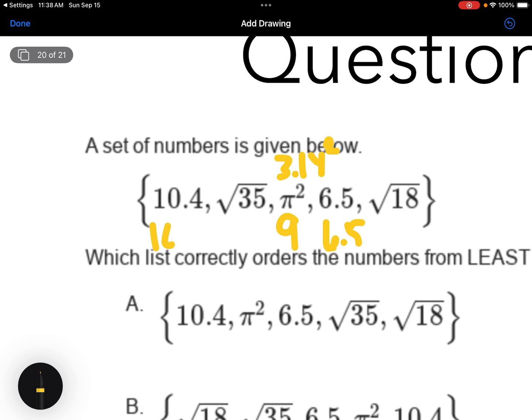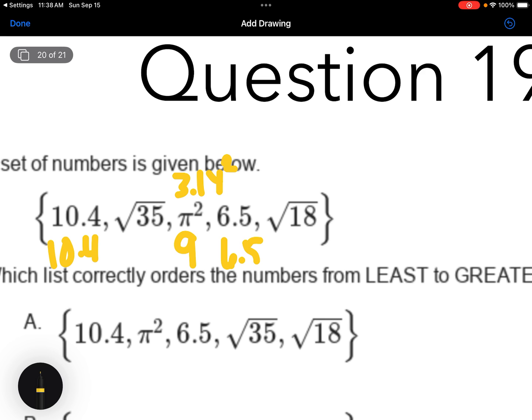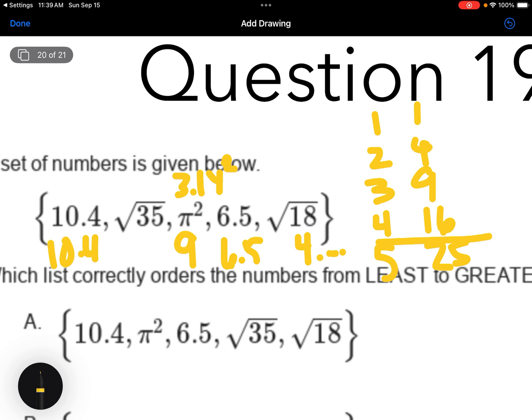We know this one's 10.4. Okay, square root of 18. So we list out our perfect squares. So that would be 1, 4, 9, 16, 25. So 18 is going to fall in here. So it's going to be 4 point something. And then the square root of 35 is between 25 and 36. So it's going to be 5 point something.